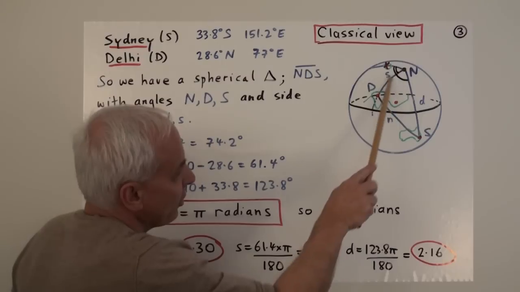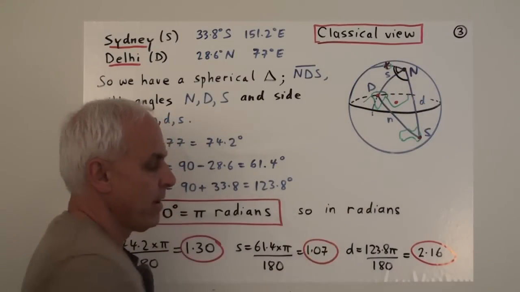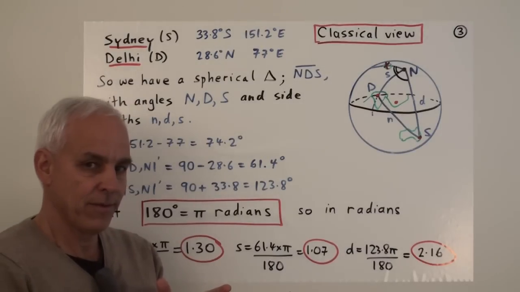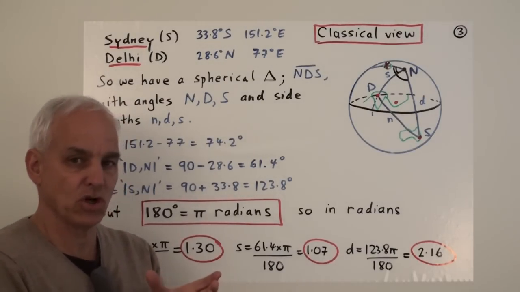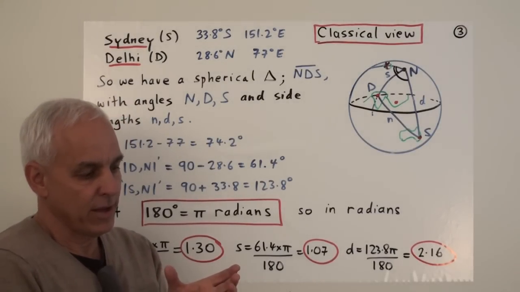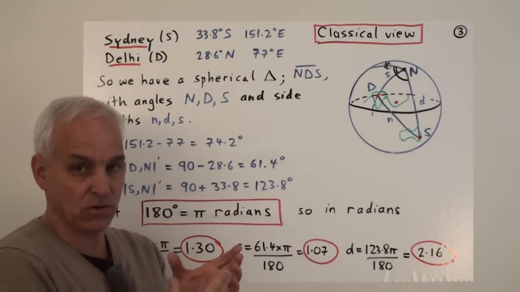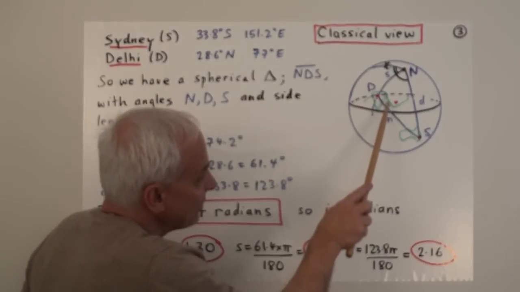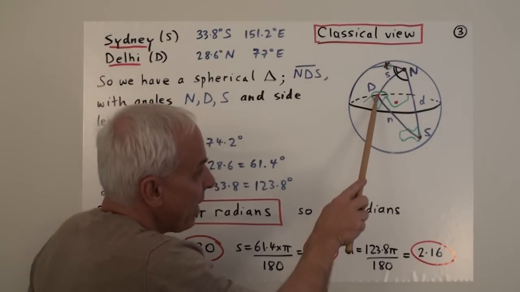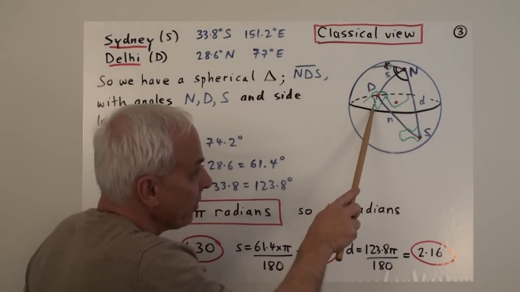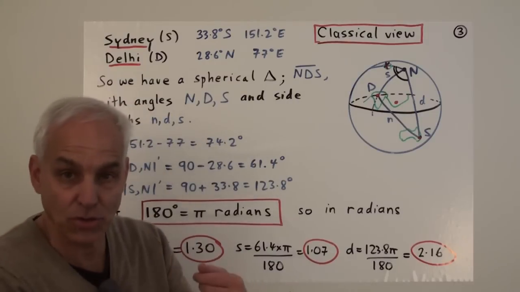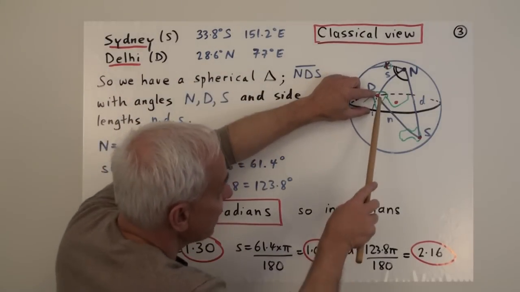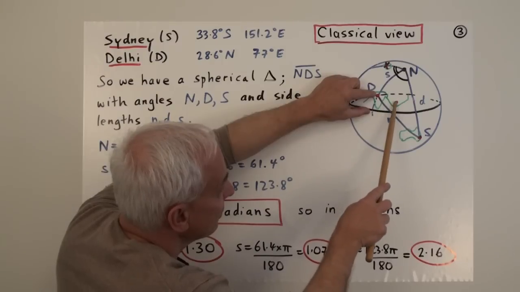What about this S here? Well, in classical spherical trigonometry, the S is a distance, but it's measured in terms of the angle subtended at the center of the sphere. What we do know is that the angle subtended at the center by Delhi and the equator, that is the latitude of Delhi, is 28.6 degrees.